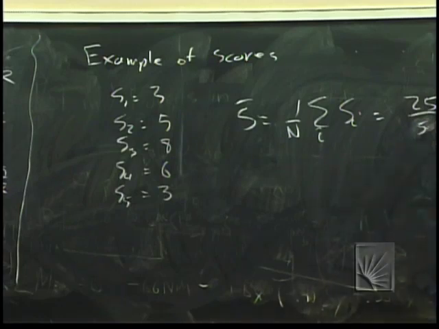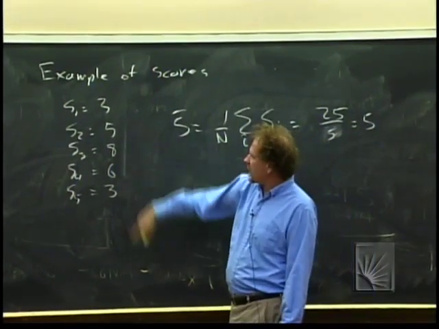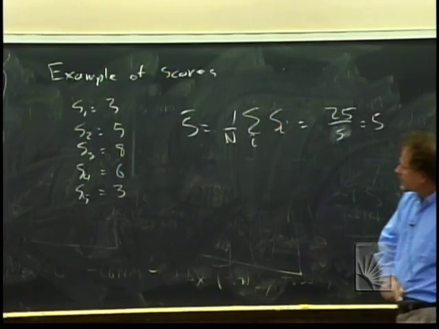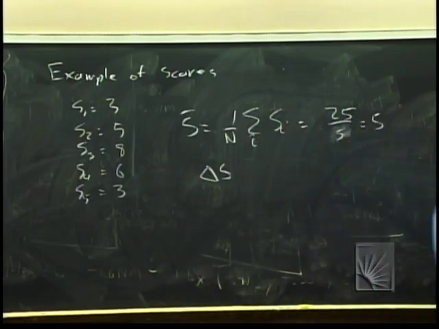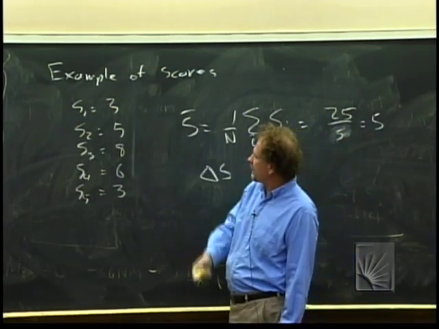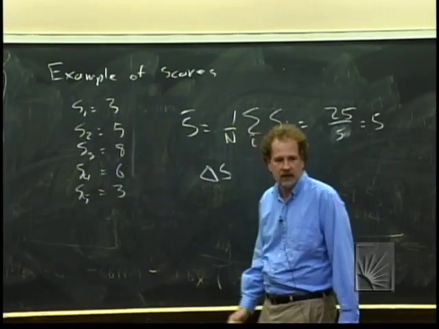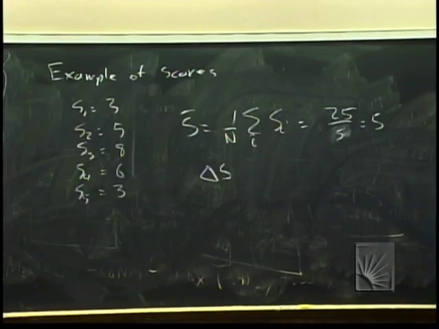That's fine. Now, whoever did this didn't get 5 5s. They got a bunch of different grades, so there's some delta S associated with that. There's a range of what they got. Maybe some other student got an average of 5 because they got 3 5s, 1 4 and 1 6. They clearly had a much smaller delta S than this student.